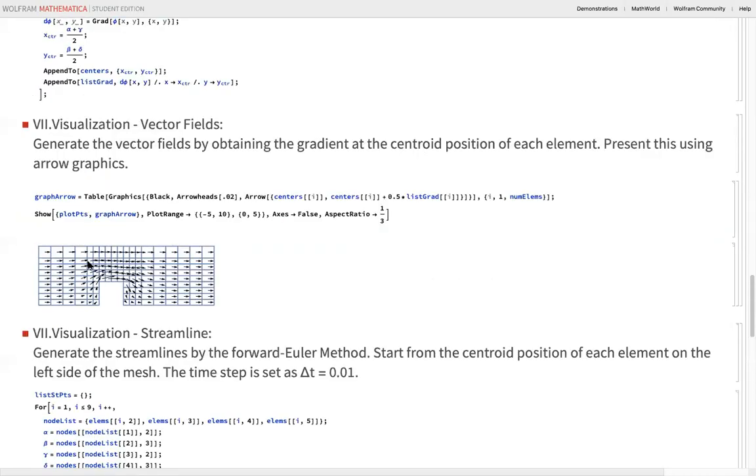This represents a flow of a fluid, the velocity of a fluid. The divergence basically tells you about the rate of expansion of this fluid.